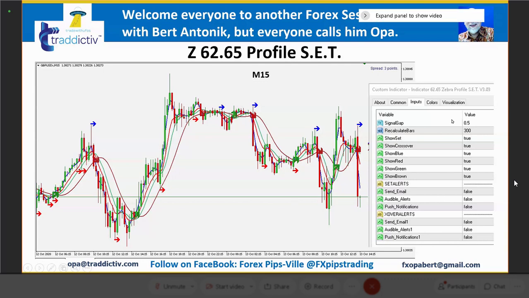So again, we have a signal gap just so that the arrows are not sitting on top of the candles. How far back to show the set? The set is these blue and red arrows pointing to the right.